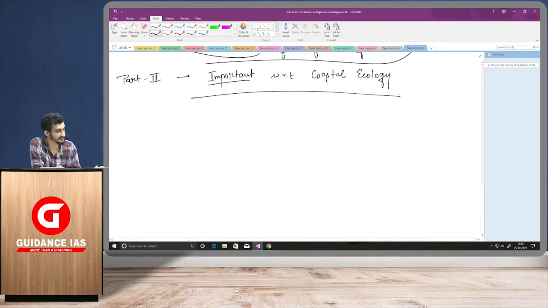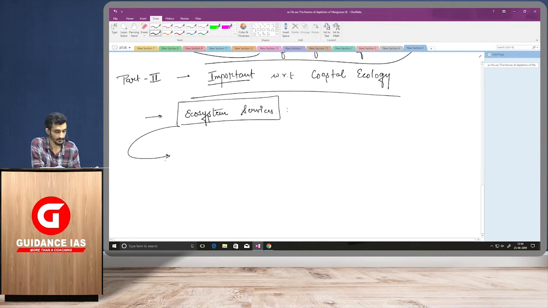So you can just write a sentence that it is responsible for maintaining ecosystem services. And if you talk specifically about these, since mangroves have a very dense network of roots, which can be of two types: stilt roots, and the other one is pneumatophores.